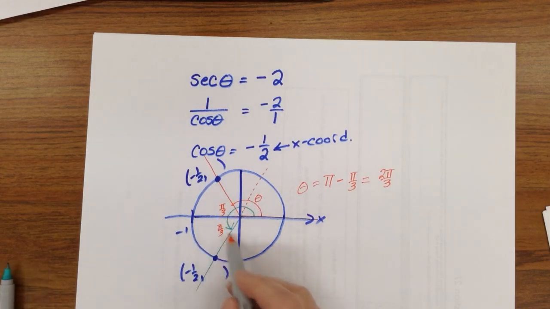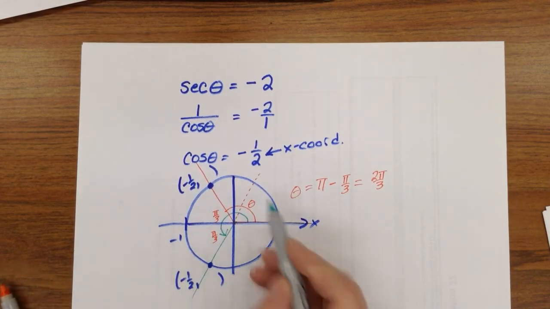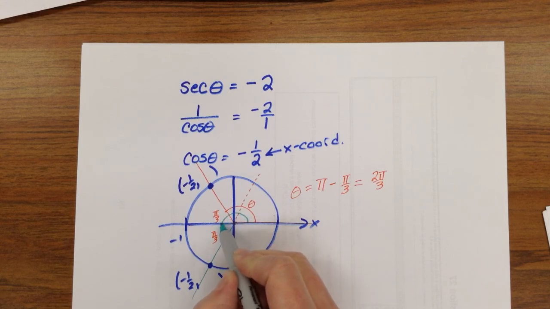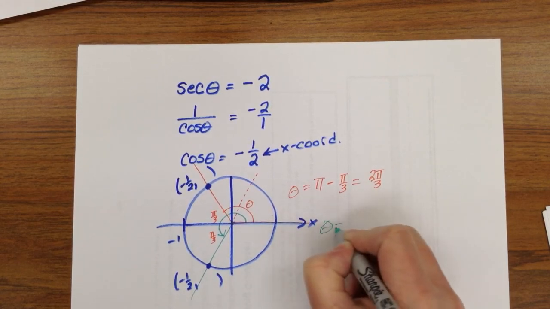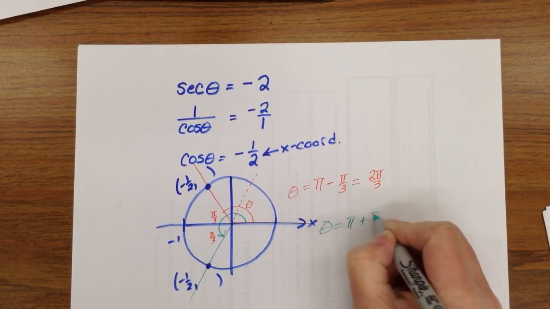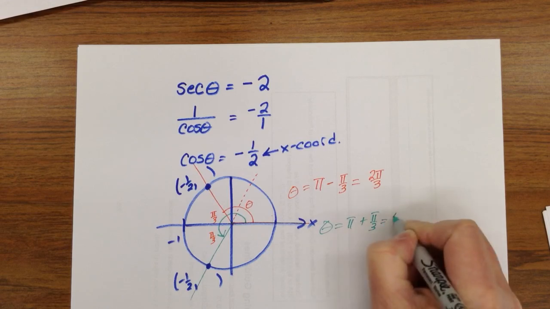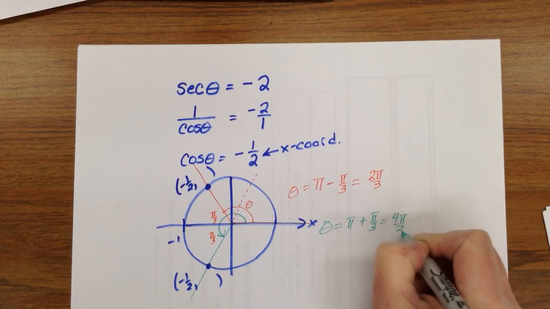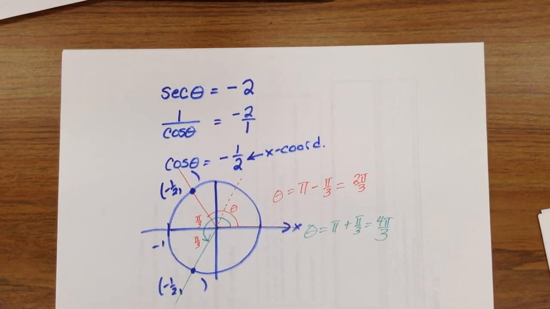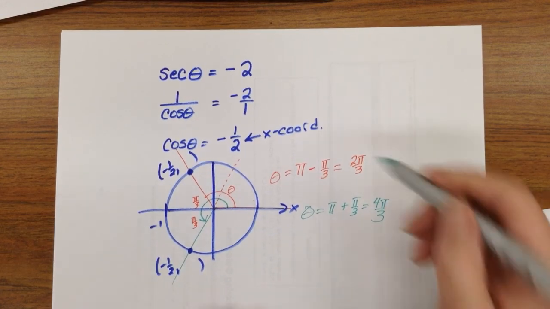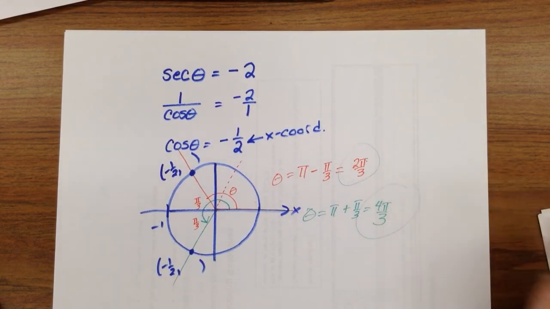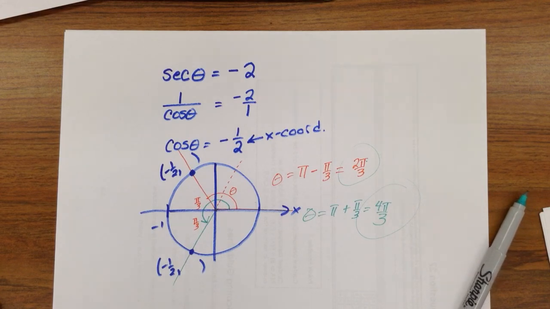The blue-green angle I'm looking for is going to be 1 whole pi, keep going, add 1/3 more. Pi plus 1/3 is 4 pi/3. Two happy answers for theta. Hope that reminded you. Good luck.